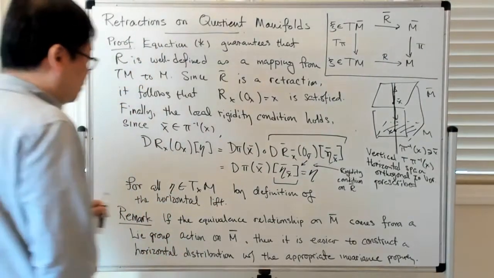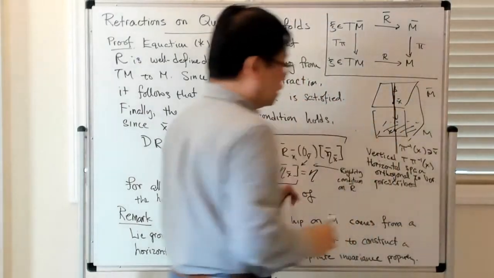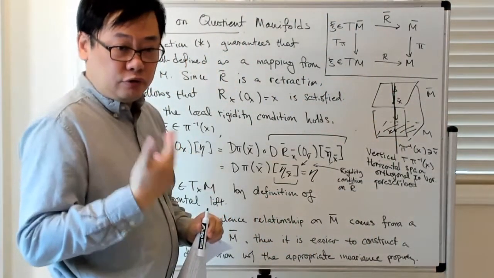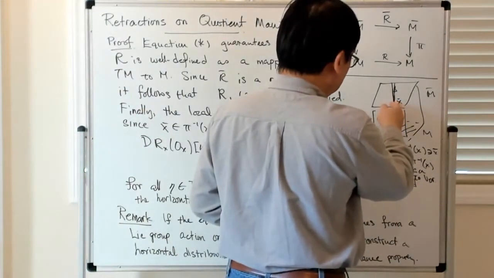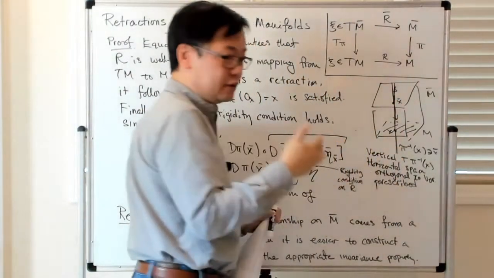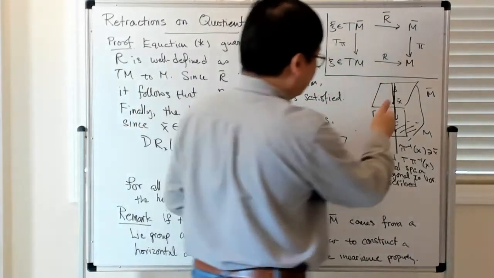Okay, and if you're in that situation, then this fiber becomes defined in terms of a group orbit. What that means is that you can get any point on the fiber to any other point on the fiber through an appropriate, say, rotation, like in the example which we had.